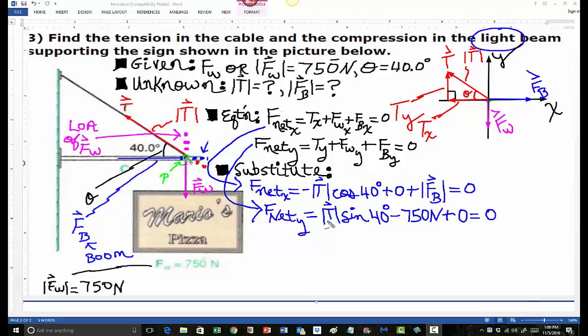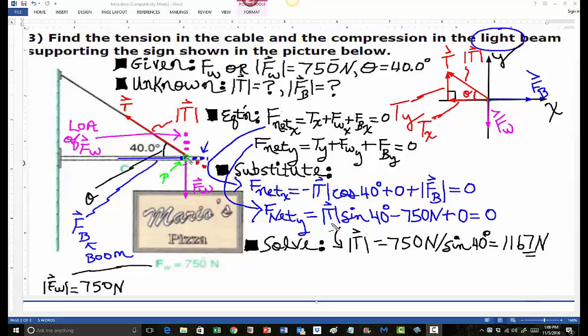We can solve it explicitly for the tension vector and then substitute what we get back into this equation and then solve for the magnitude of the boom force vector. Solving this equation for the magnitude of the tension vector, we get that it is 750 newtons divided by the sine of 40 degrees, which is 1167 newtons to 4 significant figures.